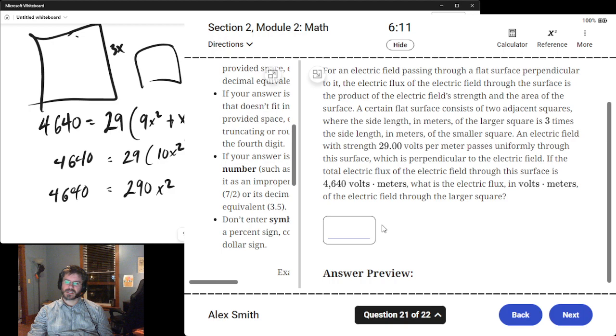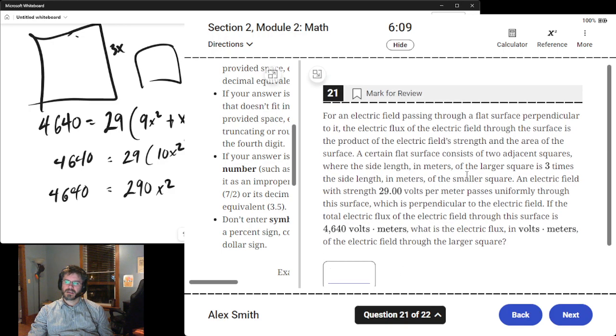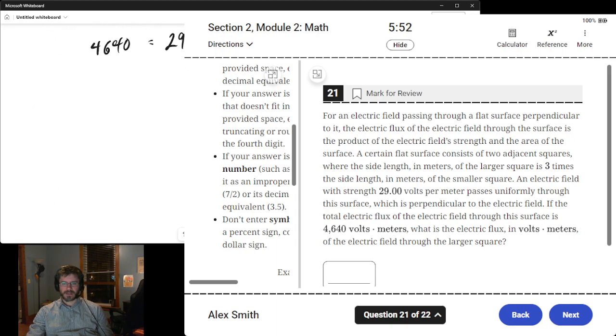Oh, interesting. Okay. So how much of that 4640 passes through this large square? So if x is 4, then the side lengths are 12 each. So that's a total area of 144 times the 29 field strength.